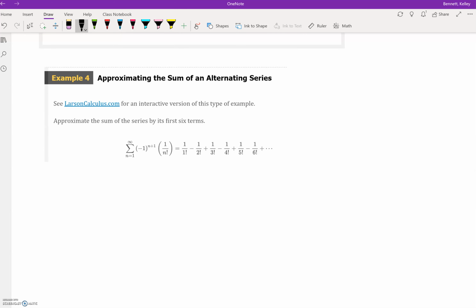So we want to show that our series converges. For this, we're going to use the alternating series test.